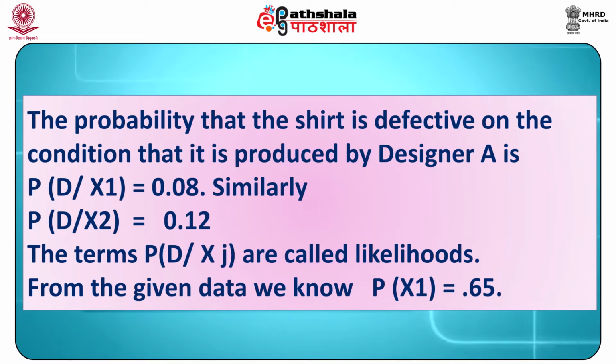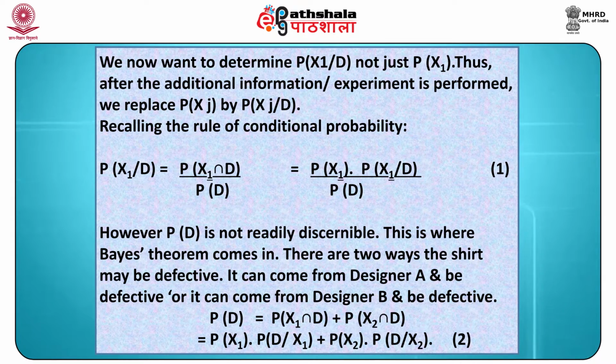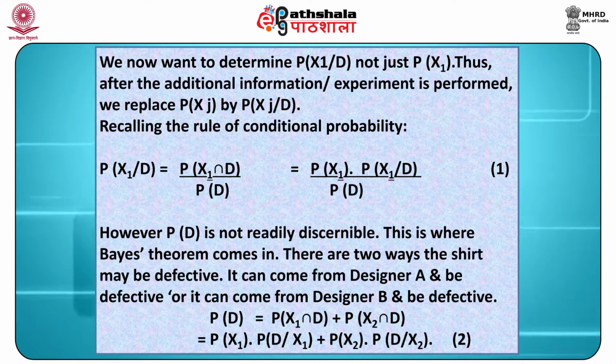From the given data we know that the probability of x1 is equal to 0.65. The new information that the shirt is defective changes the probability. With this additional information, we can revise the probability that the shirt was produced by designer A. Let D be the event that the tested piece is defective, and we want to know the probability that the defective shirt came from designer A. We now want to determine the probability of x1 divided by D and not just P(x1).